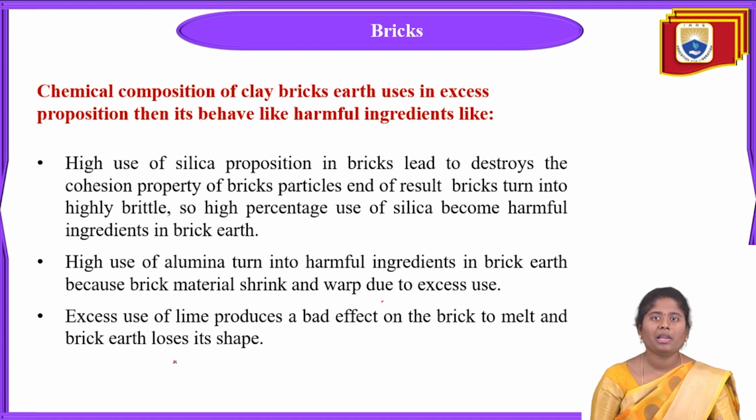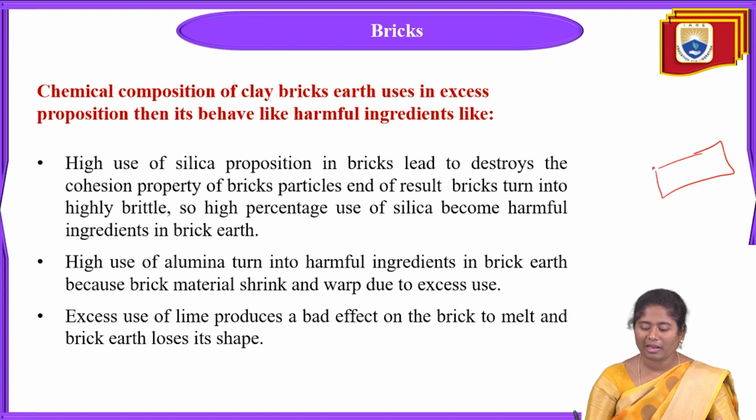And next will be lime. Excess use of lime also has a bad effect on the brick, causing it to melt. We want our brick to be rectangular, but if we add an extra amount of lime, the brick will melt and also lose its shape.